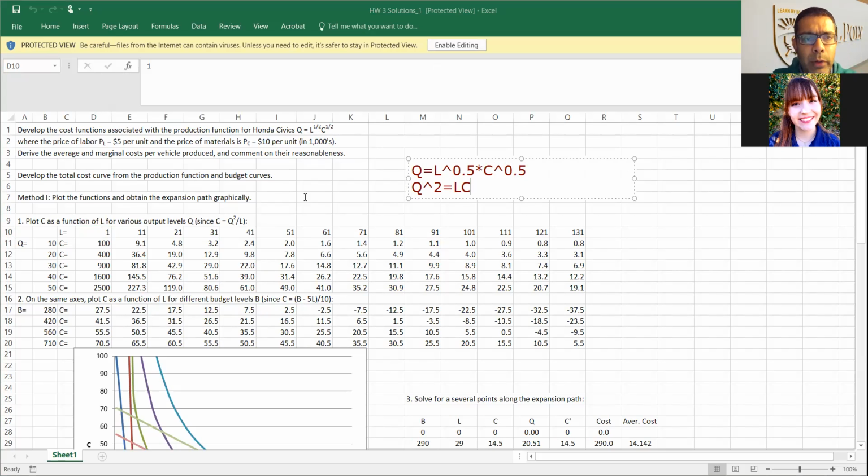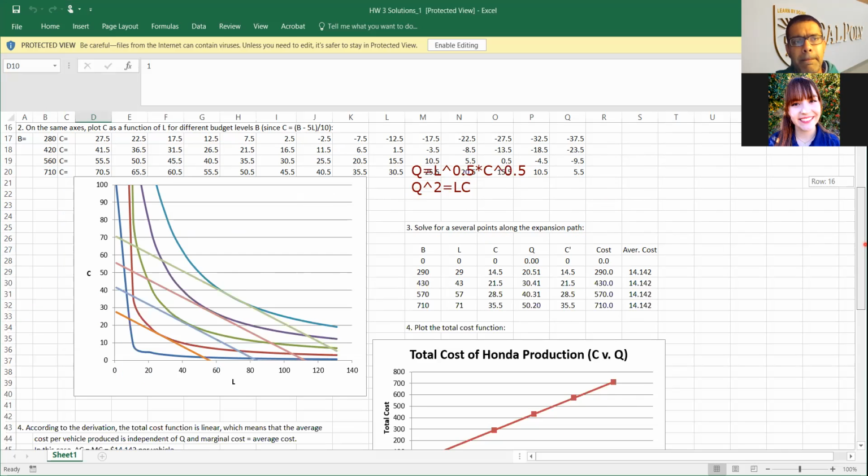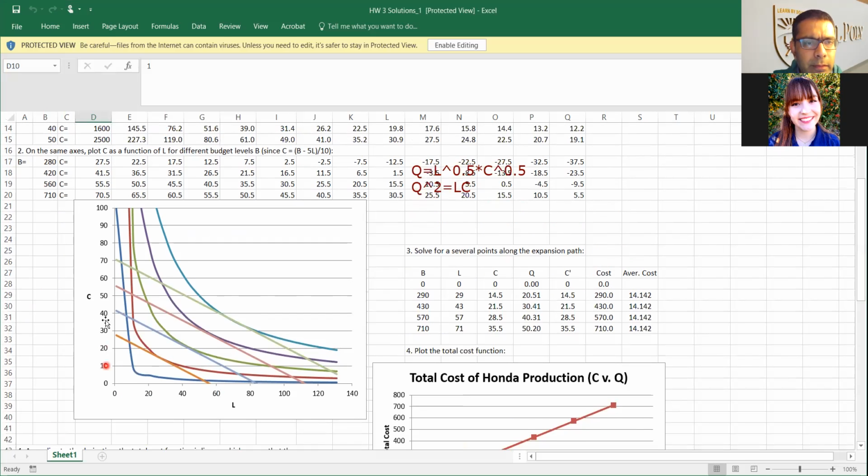And I can derive that equation, and I can write that equation into C equal to Q squared by L. Okay, because I'm trying to bring that equation in the form of Y as a function of X. And remember, if you recall from our discussion, that our C is on the Y-axis and L is on the X-axis, right?